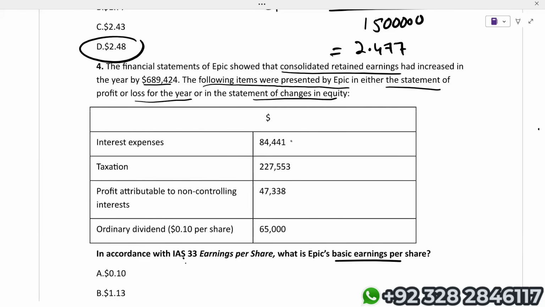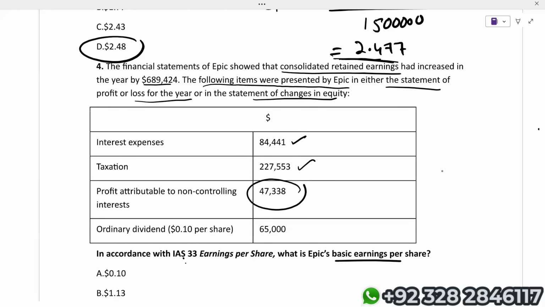Interest expense, of course, is a P&L item. Taxation is a P&L item. Profit attributable to NCI. Logically, students, profit attributable to NCI is already deducted, because kindly read the first line. The financial statement of Apex showed the consolidated retained earnings.